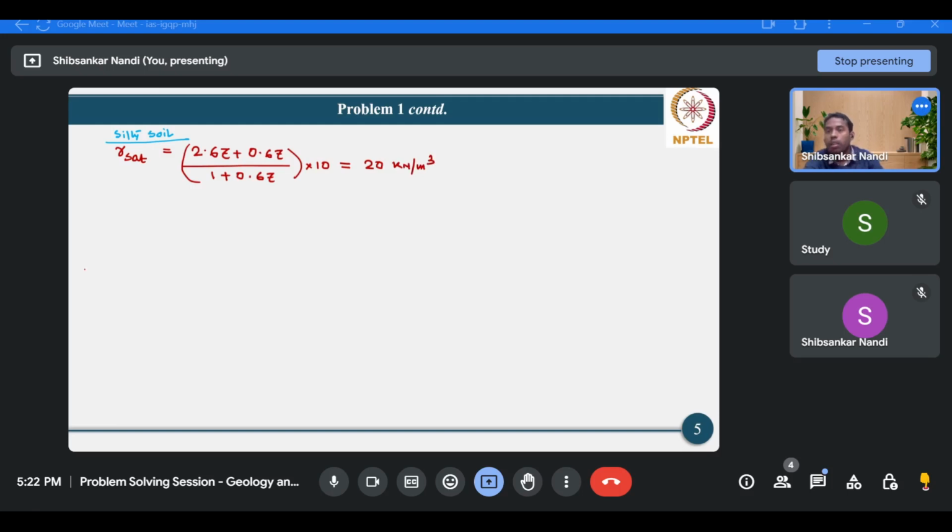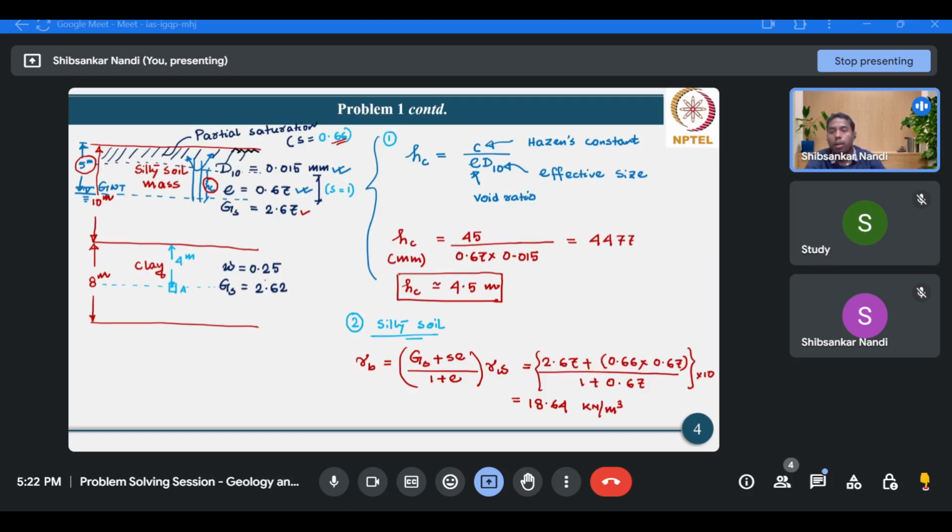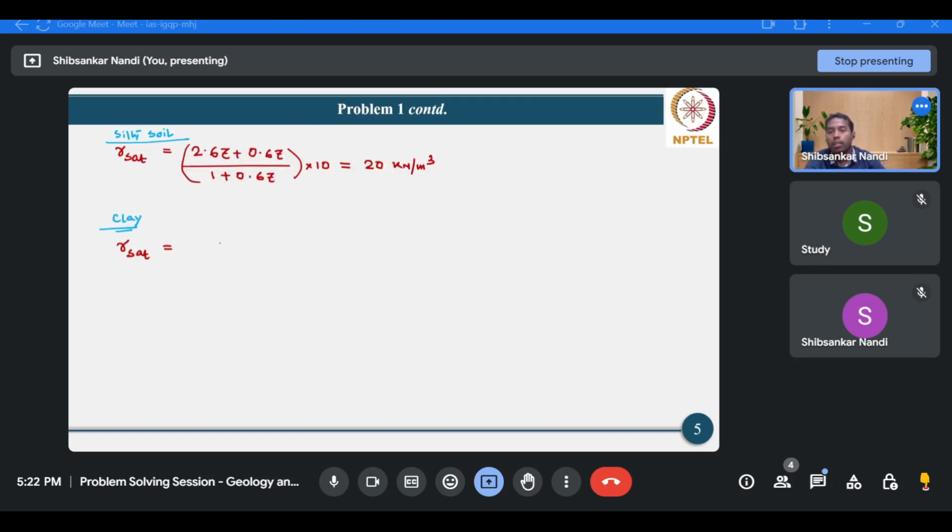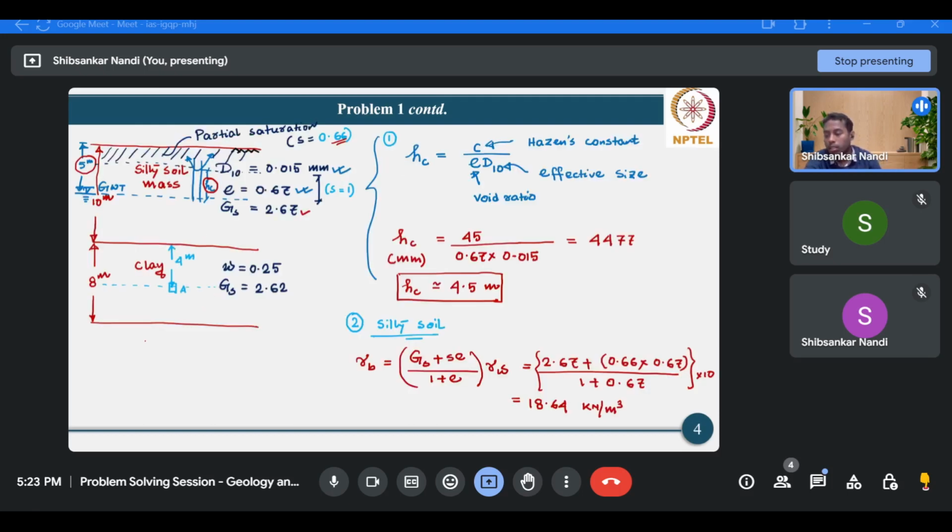Okay. And coming to the clay layer, as I have mentioned, for this only we will calculate the saturated unit weight, because it's under complete saturation, and these are the properties. Okay, so the void ratio value is not directly given in this problem, rather the water content and specific gravity of soil solids are given, so therefore we can easily calculate the e. So first we have to calculate the e value.